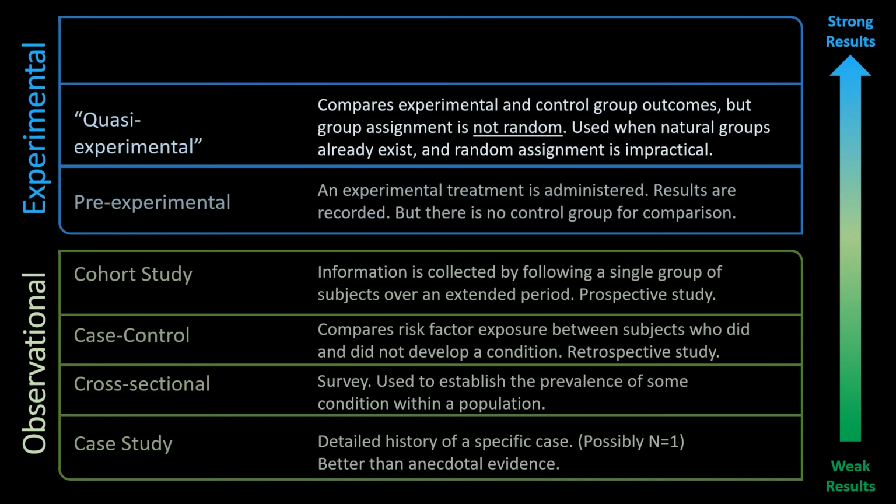Maybe you have two different towns and you are running an experiment where these two towns are fairly identical, and it wouldn't be practical to randomly assign people to towns.